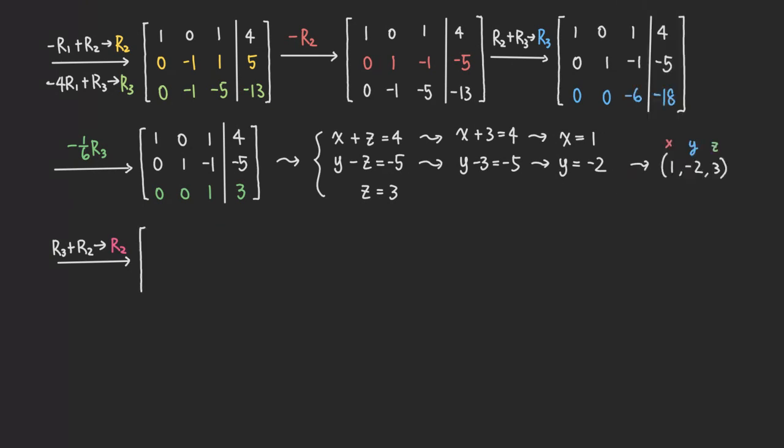Now, usually whichever row you're using to turn the entries in the other rows into 0, that's the one you're going to copy down first in this step. Because I'm using row 3 and the pivot in row 3, I should copy down that row first.